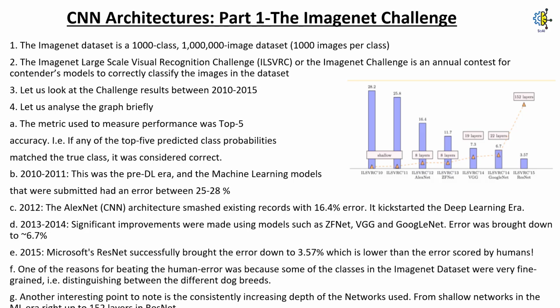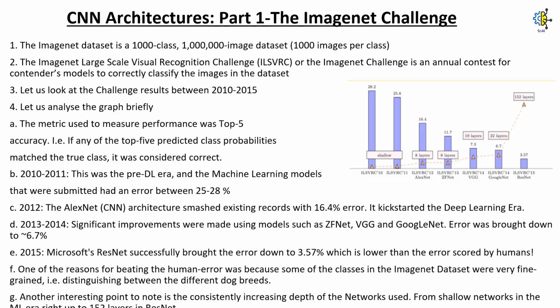2010 to 2011. This was the pre-deep learning era, and the machine learning models that were submitted had an error between 25 to 28%. In 2012, the AlexNet CNN architecture smashed existing records with 16.4% error. It kickstarted the deep learning era. From 2013 to 2014, significant improvements were made using models such as ZFNet, VGG, and GoogLeNet.